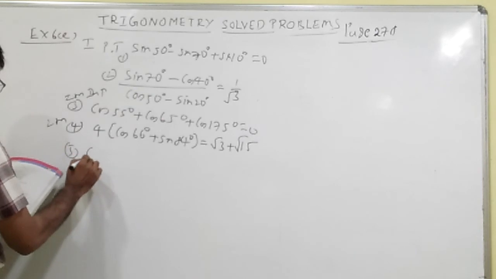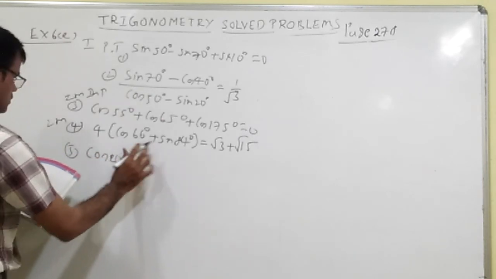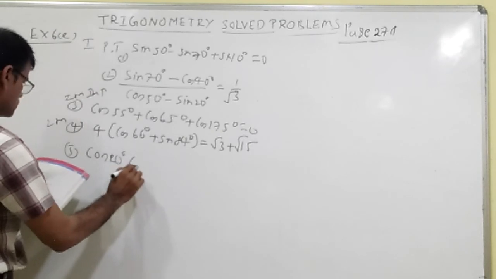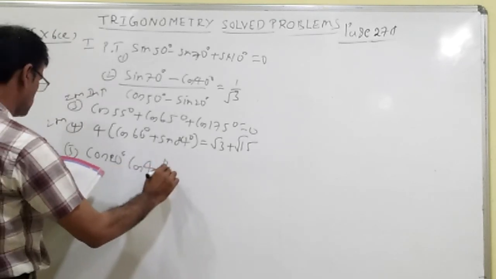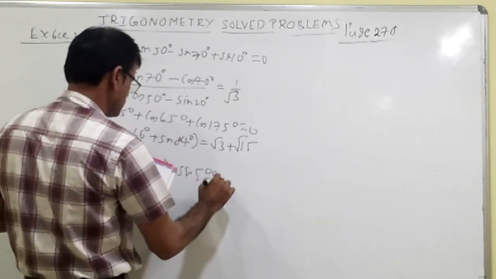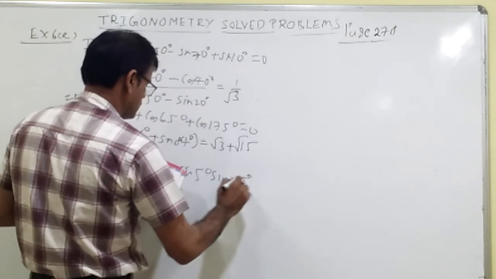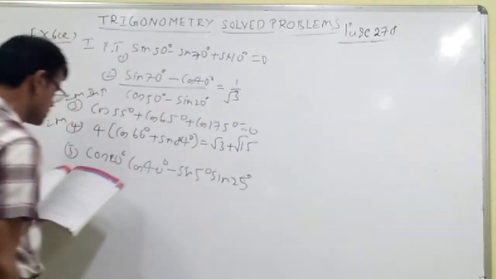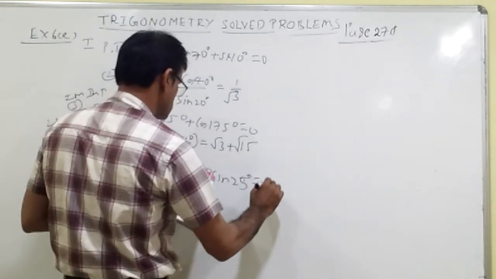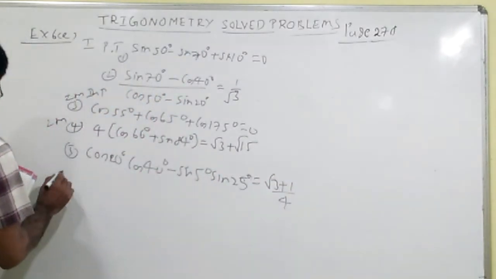Fifth question is there: cos 20 degrees into cos 40 degrees minus sin 5 degrees into sin 25 degrees is equal to root 3 plus 1 by 4.